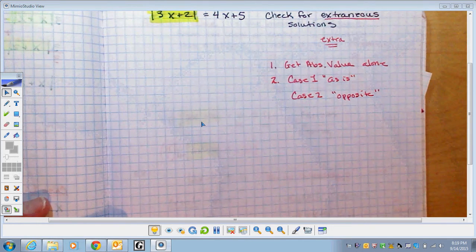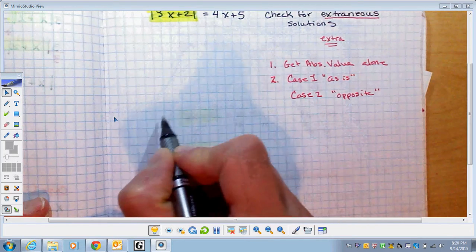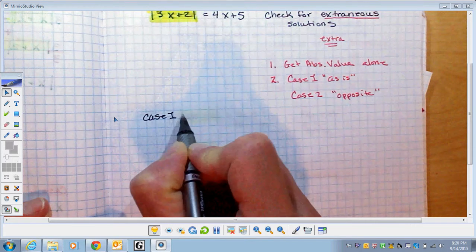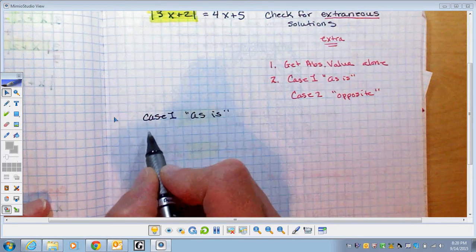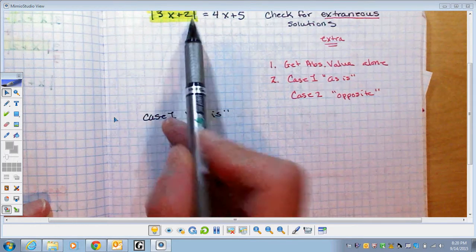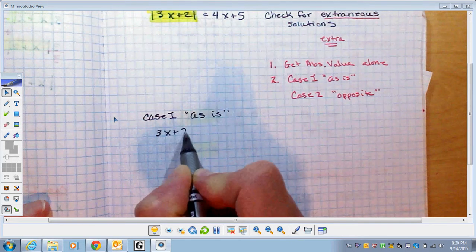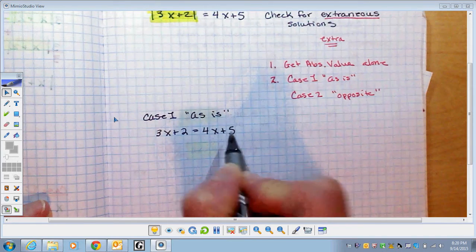So let's go ahead and set those up. I'm going to write down here so I'll have more room. Case 1, which is my as is. So I have what's inside my absolute value, which is 3x plus 2 is equal to 4x plus 5.